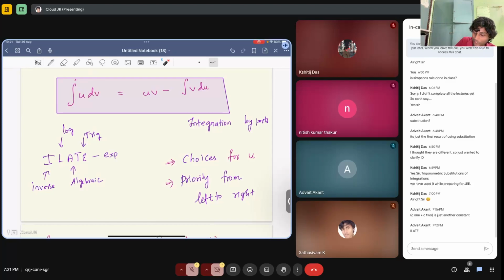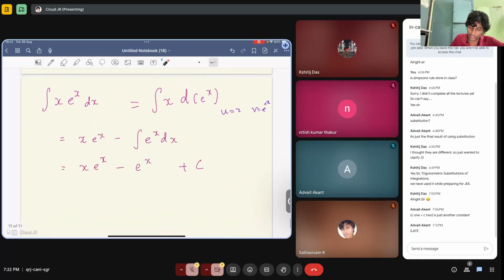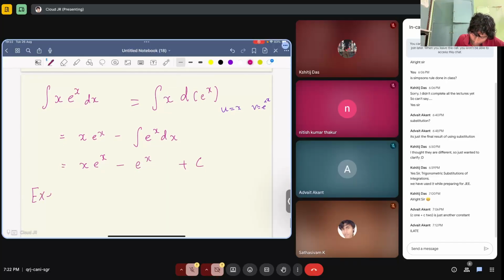Hence you can put it as v rather than choosing it as u, because whenever you take a derivative, that might sometimes make life easy. So it all depends. Sometimes this might work, sometimes it may not work, but you have to make a proper choice of u and v. That really matters. So probably here you keep it as an exercise.